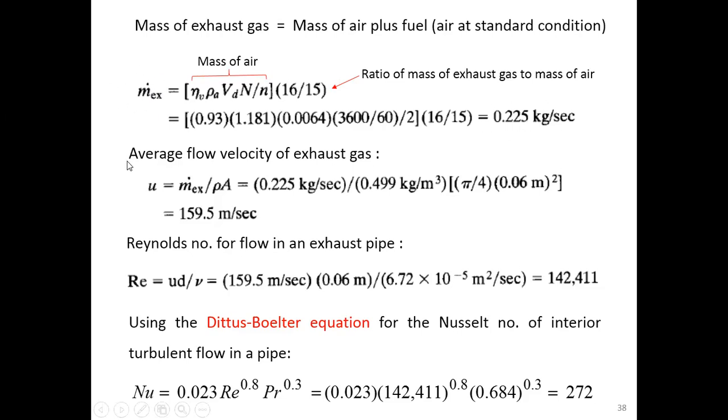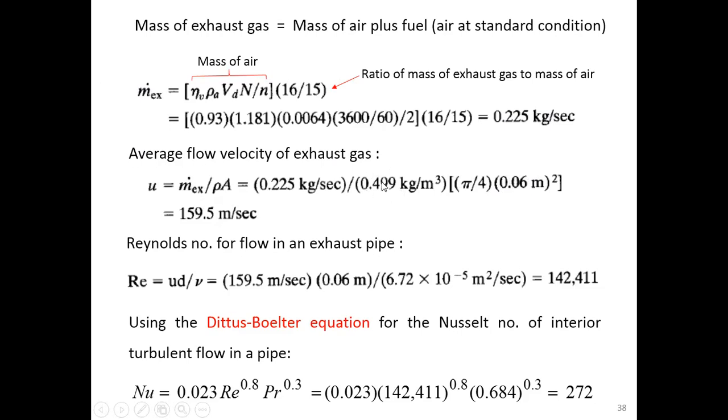Then we know the exhaust mass, and we can find the average flow velocity of the exhaust through m dot divided by the density and the area. This area is the exhaust pipe area. We use the inner diameter, which is 6 centimeters, to calculate the cross-section area.